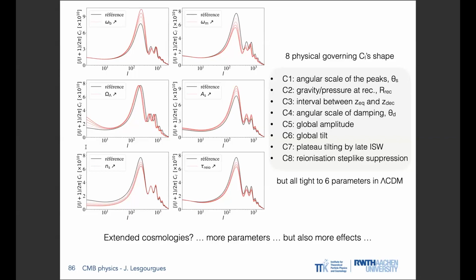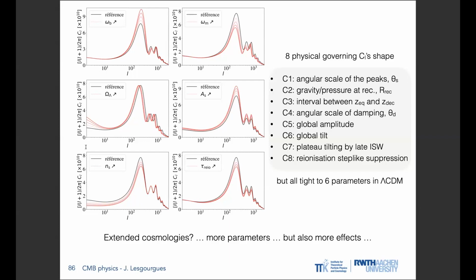And there is a famous example, it's omega k. When I change the spatial curvature, I have one more parameter, omega k, but I don't have more physical effects. It's just that omega k is one of the parameters that controls, for instance, the late integrated Sachs-Wolfe or the angular scale of the peaks.